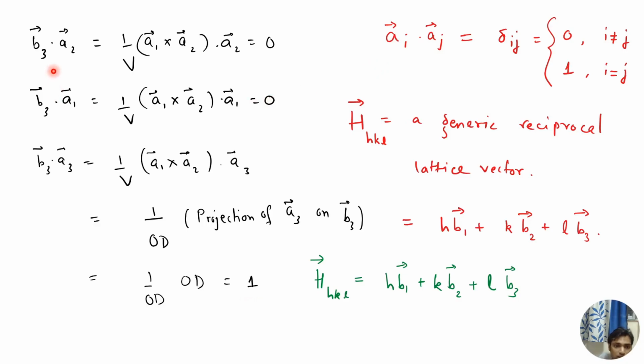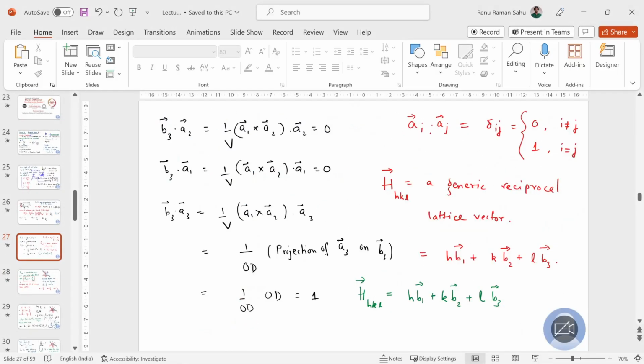Similarly, for other reciprocal vectors and real vectors, if we take bi and aj and take the dot product, bi dot aj will give me delta ij.